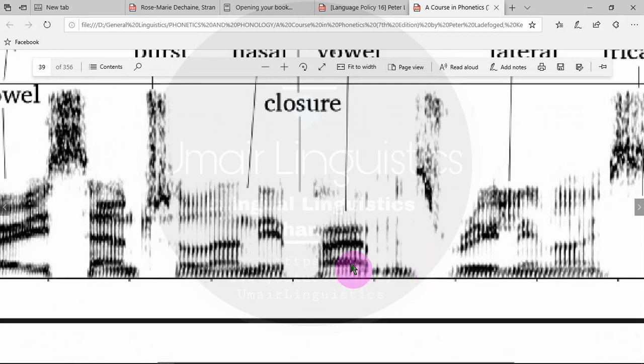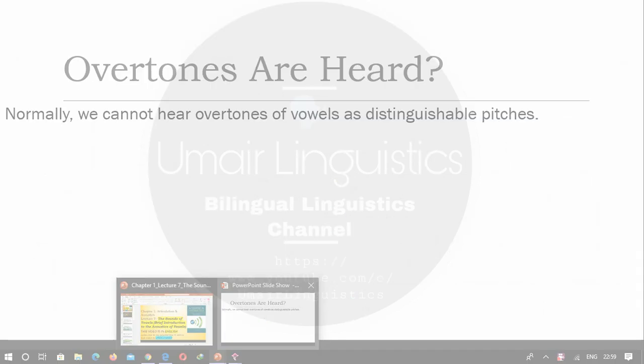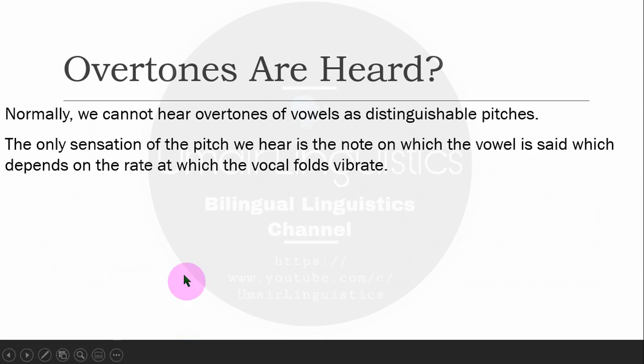We cannot hear all the pitches which change throughout the production of this vowel. We only have the sensation of one pitch, the note on which that vowel is said. If I say it, it has multiple pitches, but you can hear it only as one pitch.